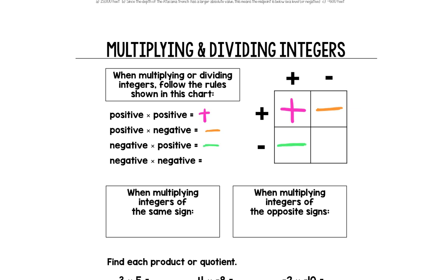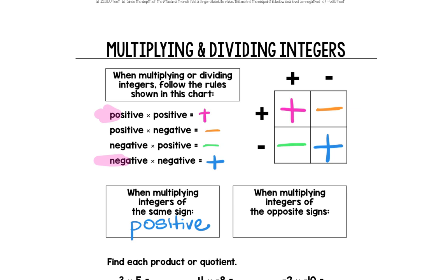And finally, a negative times a negative. What we were just talking about with subtracting, when there's two negatives next to each other, that becomes a positive. So in summary, when the signs are the same, either both positive or both negative, the answer is going to be positive.